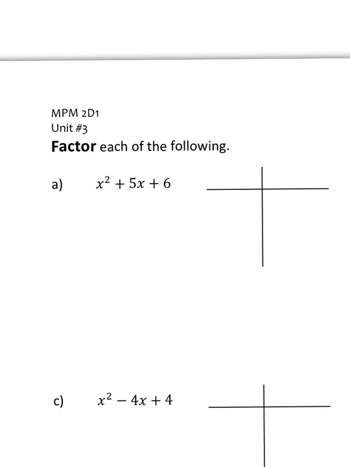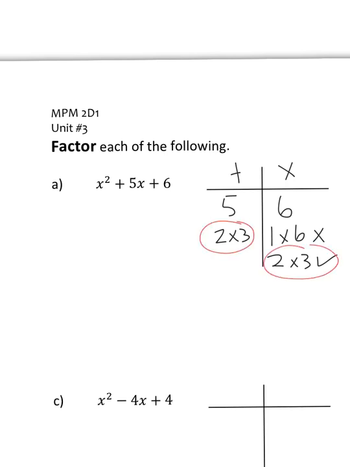So this one, we're going to add to 5 and multiply to 6. So 2 numbers that do the job. Think what multiplies to 6. I have 1 times 6. That doesn't add to 5, rather. And I have 2 times 3, which does add to 5. So we're going to pick 2 times 3 over here.